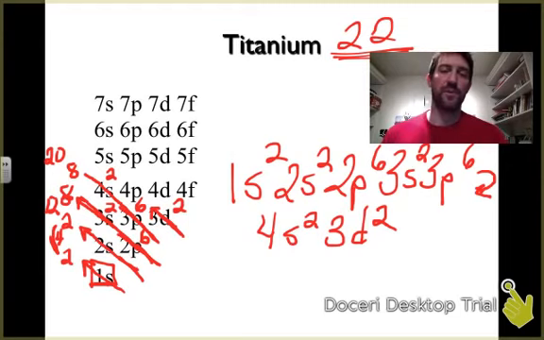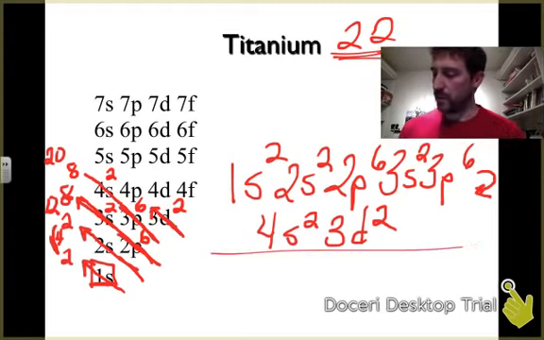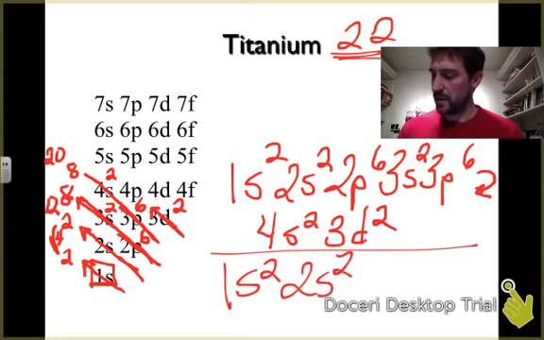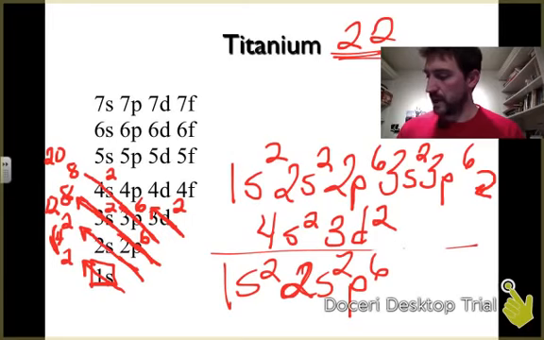You'll see it written a number of different ways, and it seems like the general consensus now is to keep the numbers together. So 2p6, and then all these 3's would remain together. So we'd have 3, and actually, let me take a step back with that. I'm really used to writing it out the full way. So this means that this 2 goes with the s and the p.